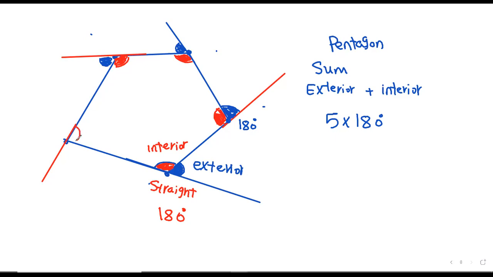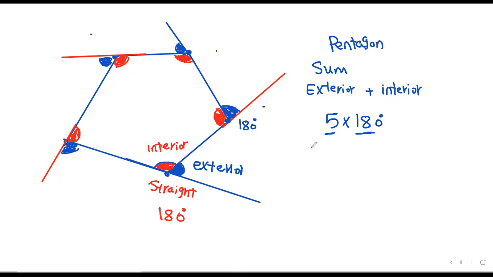And this angle is interior, and this angle is exterior. So all of these exterior and interior angles add up to 5 times 180. Why 5? Because I have 5 pairs of interior and exterior angles, multiplied by 180.